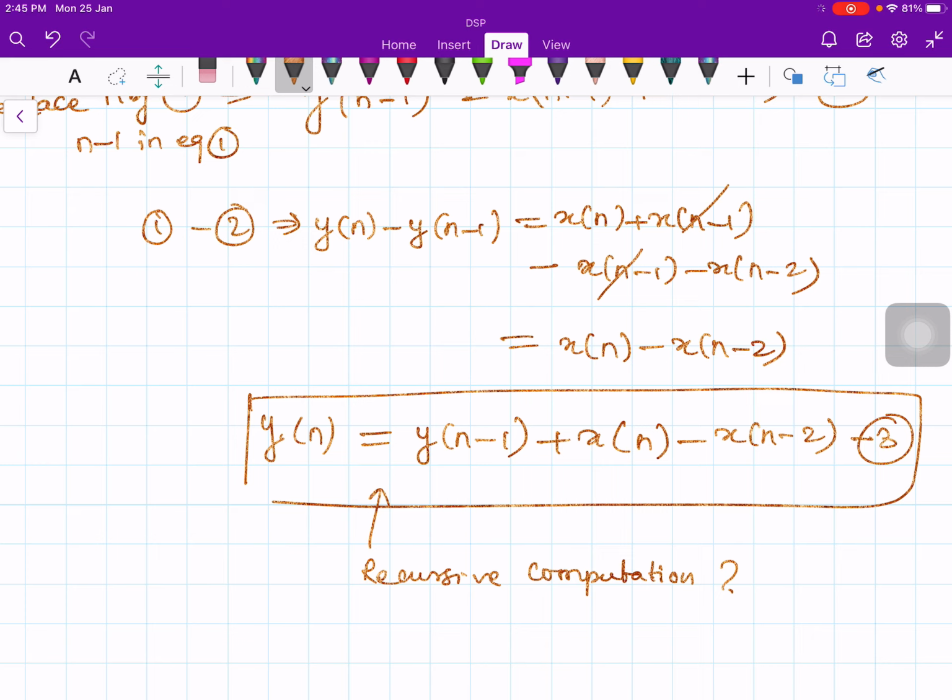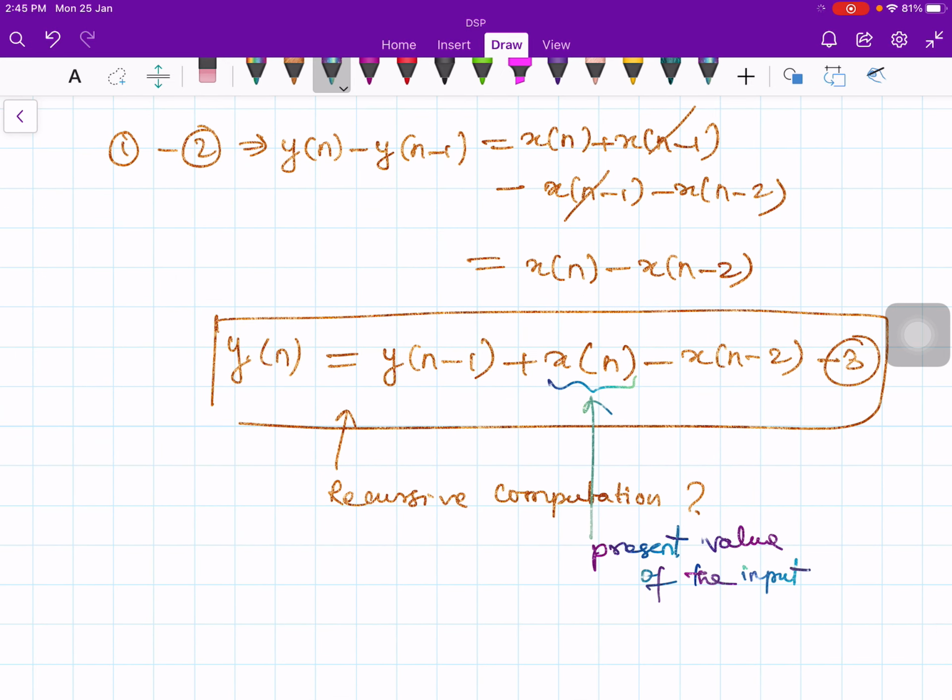It's a recursive computation because I recover the present value of the input. Where is the present value? This one is the present value of the input. This one is the last but 2 input sample, and this one is the last output value, the immediate past output value.